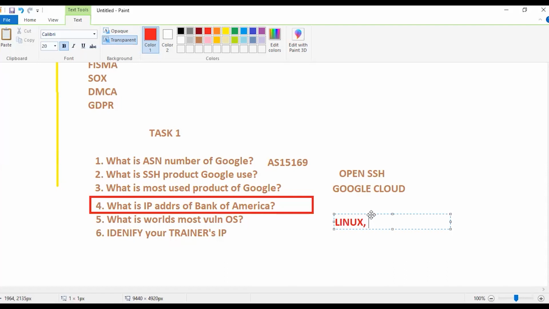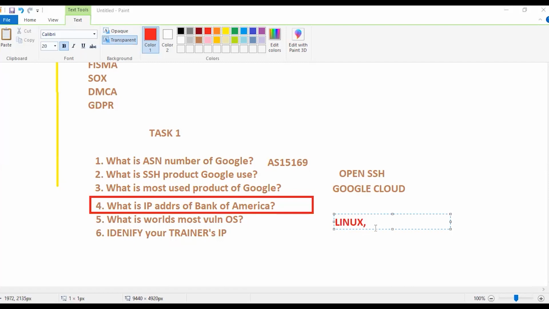Can you tell me what's the world's most secure OS? Also Linux. Linux is the most secure, and Linux is the most vulnerable.